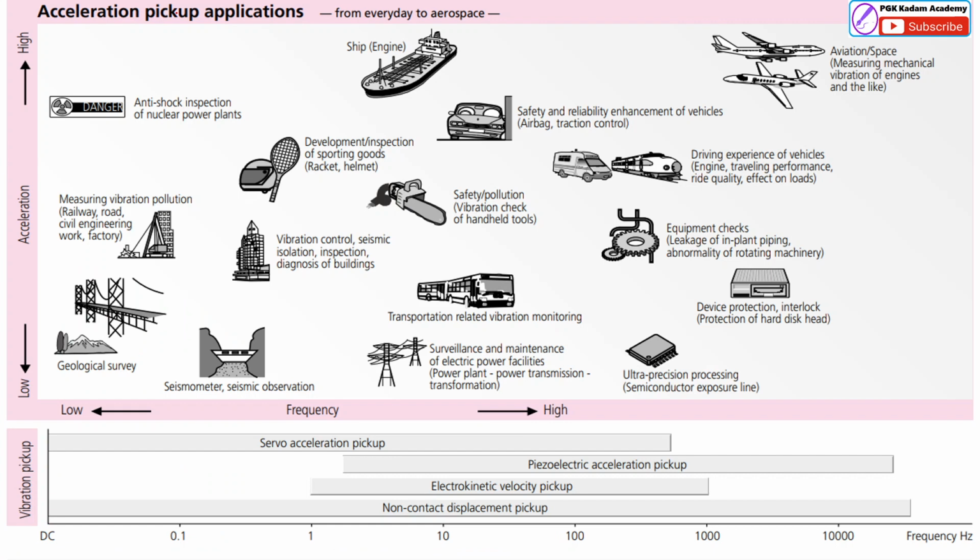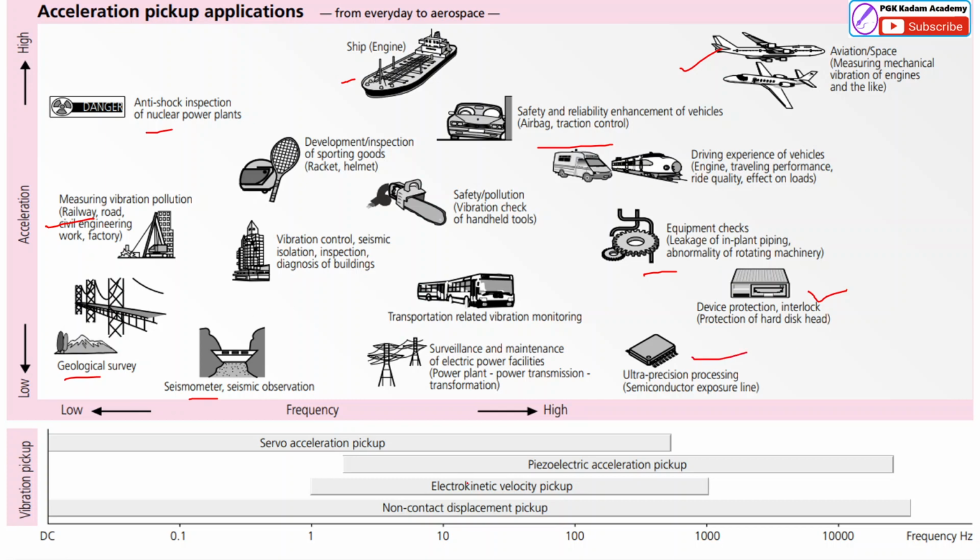Again, we can see here the anti-shock inspection in nuclear power plants, measuring vibration pollution in railways, roads, vehicles, and civil engineering, the geological survey, the seismometer, vibration control, and safety reliability in airbags, traction control, aviation, equipment check and device protection interlock systems, ultra precision processing, and the semiconductor exposure line.